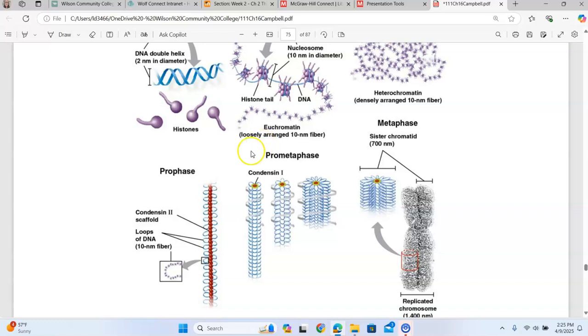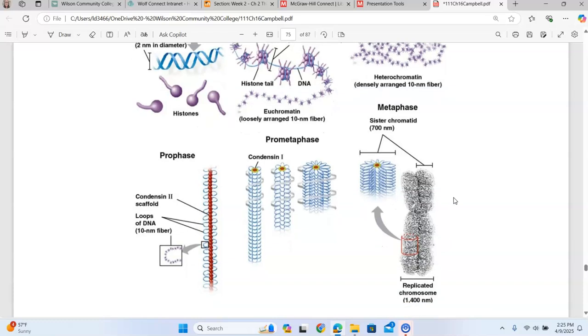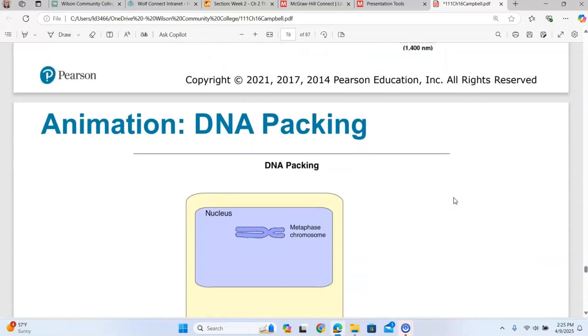The first stage that it forms is called euchromatin. And then the second stage, where it's really super condensed and we can see these chromosome structures that look like the letter X, your two sister chromatids, which you can see clearly under the microscope, is called heterochromatin. That's what we see by the end of prophase, the name for the condensed chromosomes that we see during prophase and during mitosis.